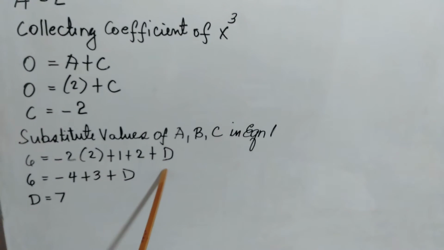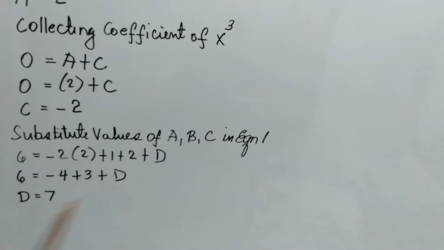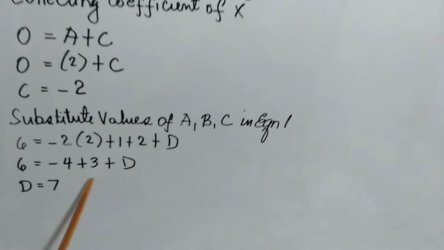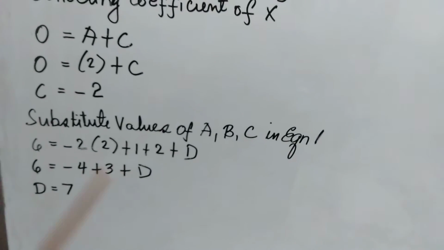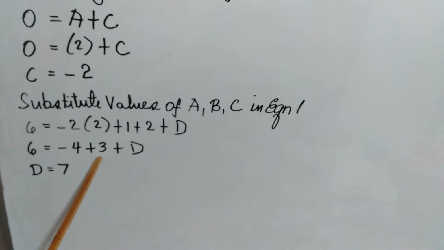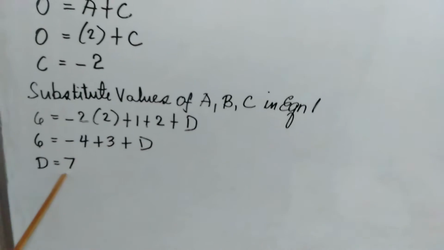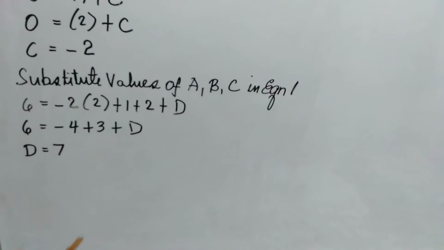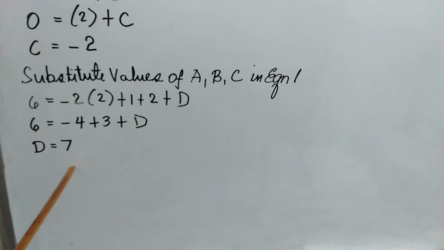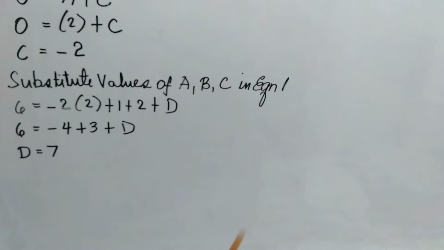Computing, negative 4 plus 3 is negative 1, plus d. We transpose 1 on the left side of the equation, so d is equal to 6 plus 1, which is equal to 7. So we now have the values of the 4 variables.